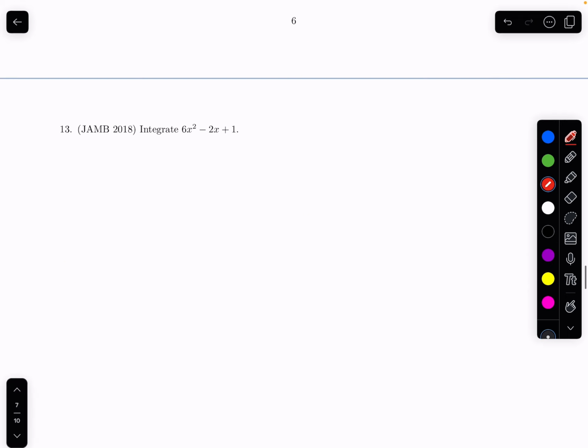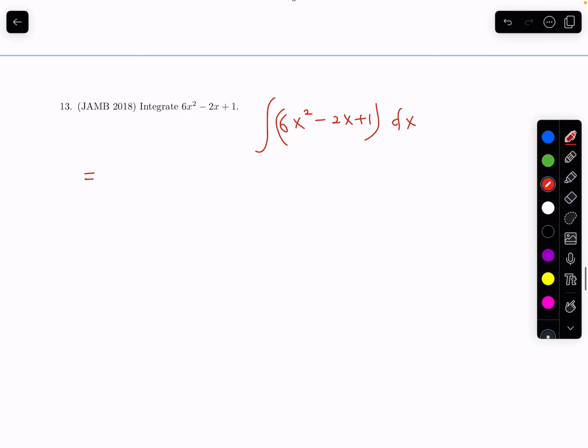Now for problem number 13, we are going to want to integrate this. You have the integral of 6x squared minus 2x plus 1 dx. So we just apply the power rule. This is just going to be 6x cubed over 3 minus 2x squared over 2 plus x plus c.